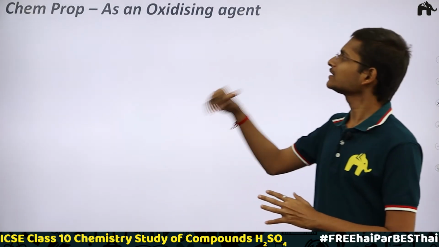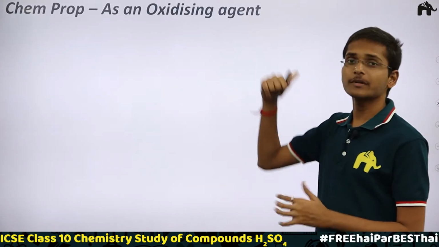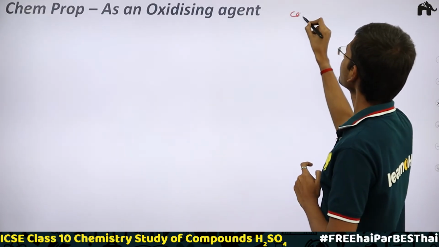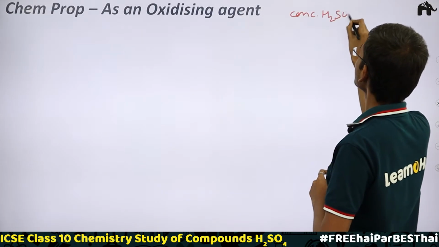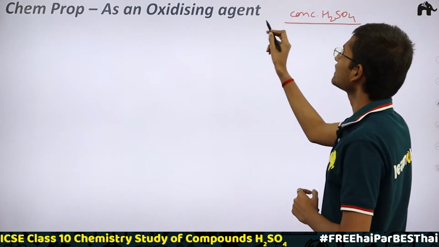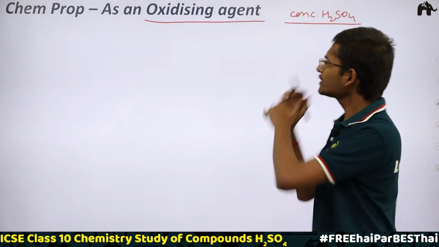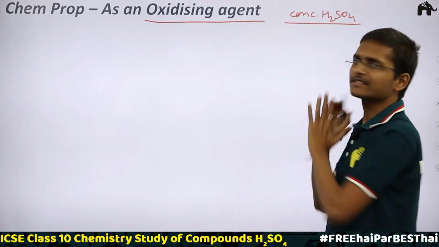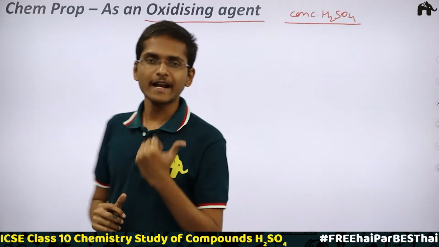Now let's see another chemical property of concentrated sulfuric acid, which is that it acts as an oxidizing agent. So first let's see why it acts as an oxidizing agent.